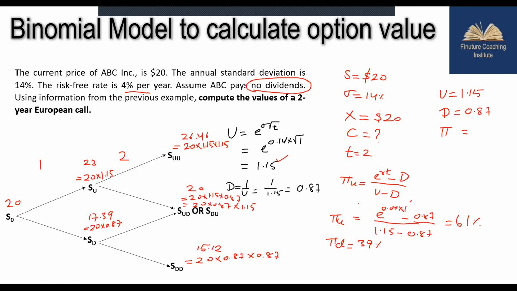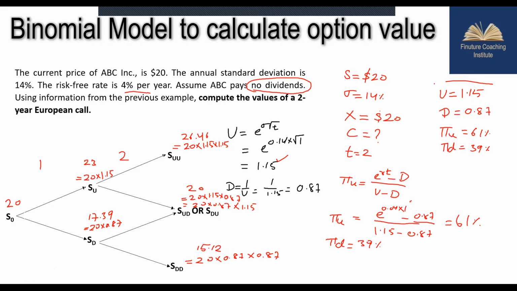So let me write first U, we got it around 61%, and the probability of D is around 39%.